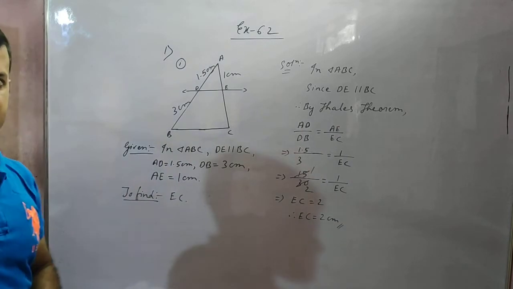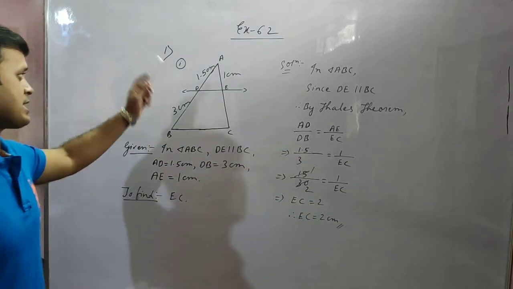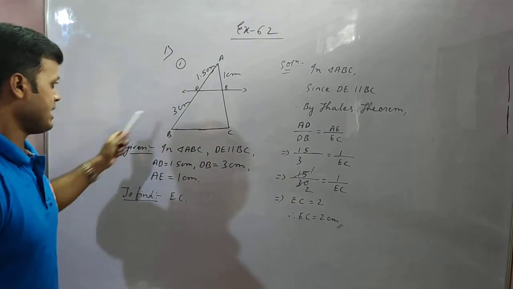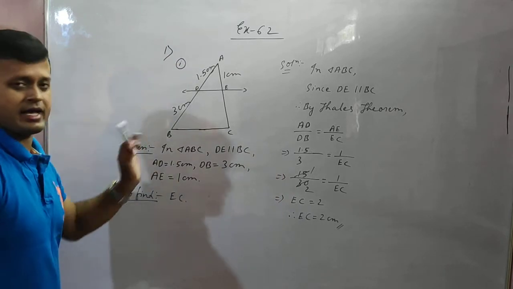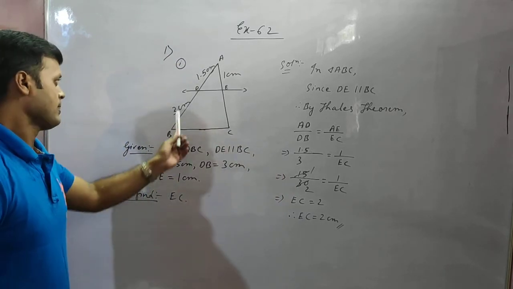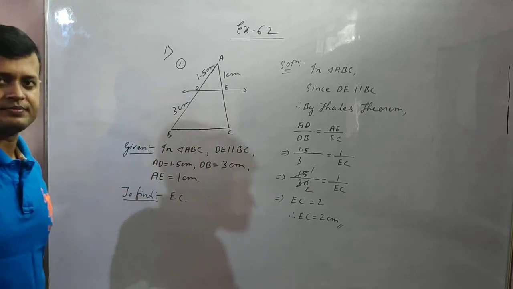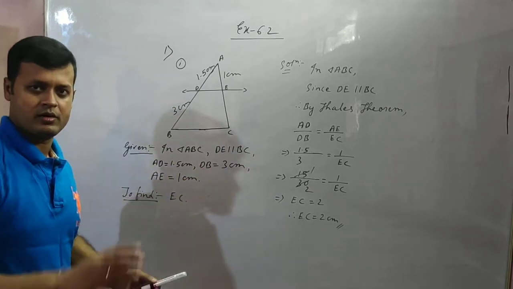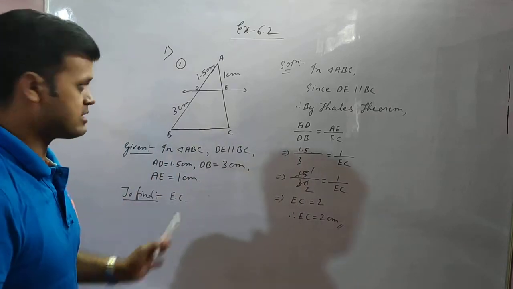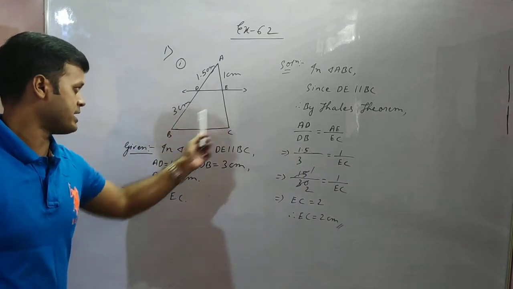So see students, very easy sum. In triangle ABC, ABC is a triangle, it is given in the diagram. DE is parallel to BC, it is given in the question. In both the questions only DE is parallel to BC.